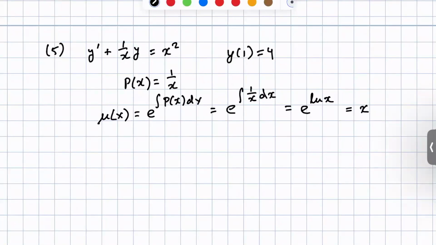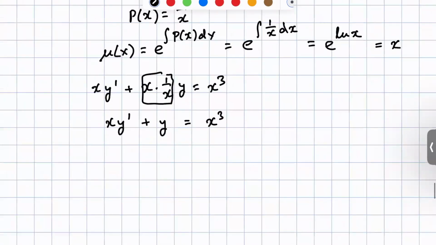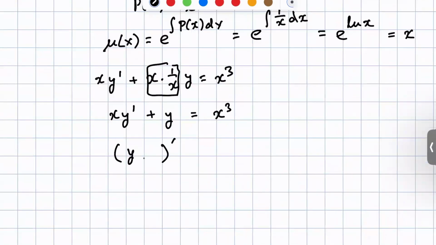So let's multiply through by x. I get xy prime plus x times 1/x y equals x cubed. These cancel out. So I get x times y prime plus y is equal to x cubed. Now remember that the thing that we're taking the derivative of is y times the integrating factor.